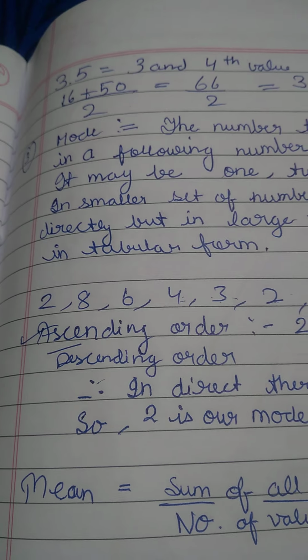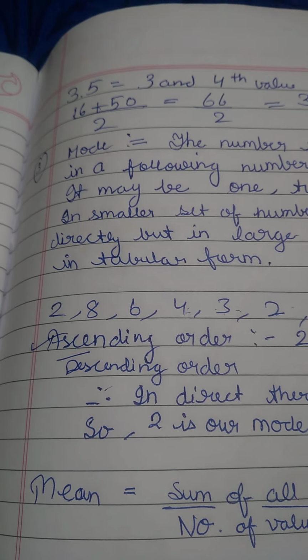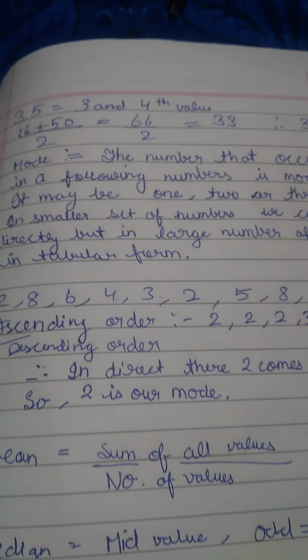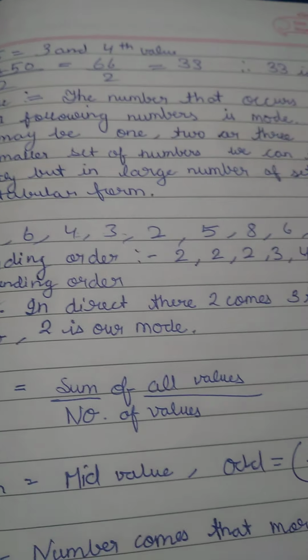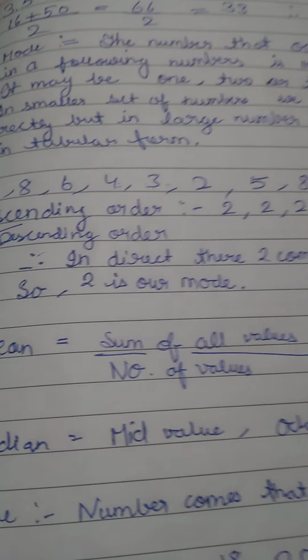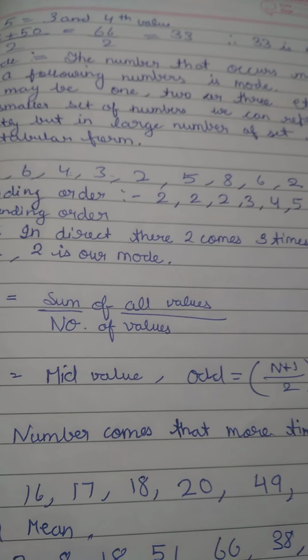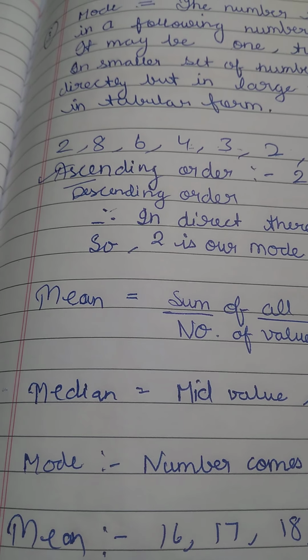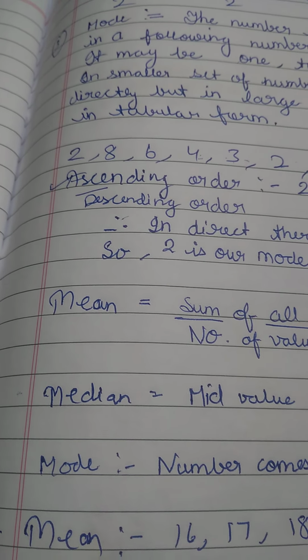Now the last and very interesting topic is mode. The number that occurs the most times in the given numbers is the mode. There may be 1, 2 or 3 modes. For a large set of numbers, the mode can be found from a table.